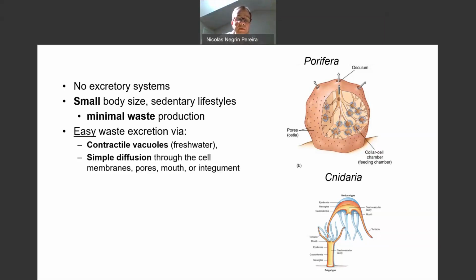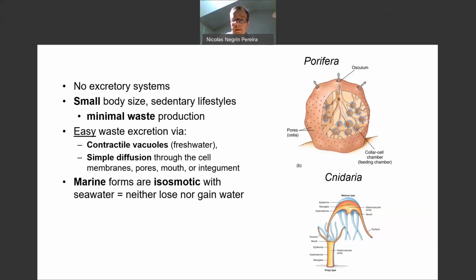They will excrete most of the wastes they produce by simple diffusion through the cell membranes, and also through the pores, the mouth, or the integument. So it doesn't represent a big challenge.